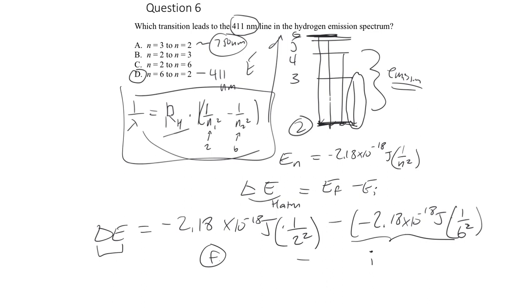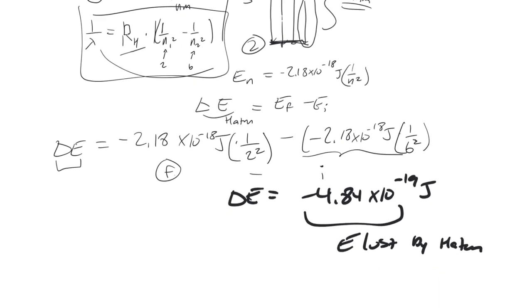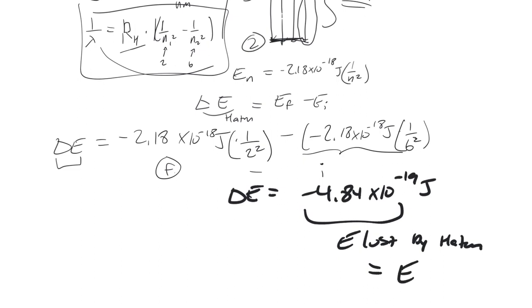And I do this math here, and I see that the delta E for the H atom is minus 4.84 times 10 to the minus 19 joules. So this is the energy that's lost by the H atom as it goes from a high energy state to a low energy state. The energy lost by the H atom is equal to the energy gained by the photon.